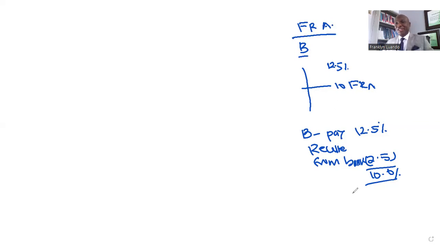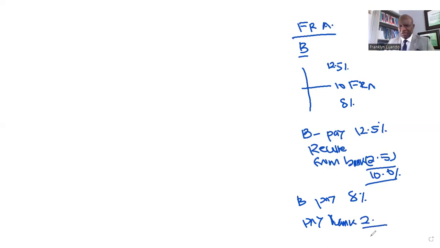Now let's look at the other situation where the interest has reduced to 8%. The borrower will pay 8%, and it will pay the bank 2%, and effectively it will pay 10%.